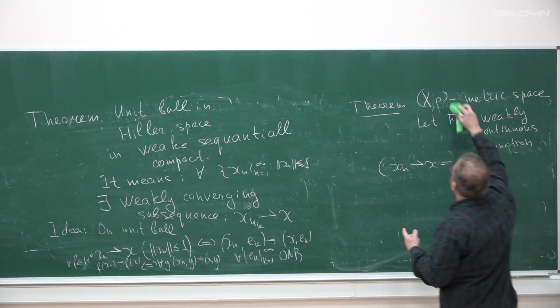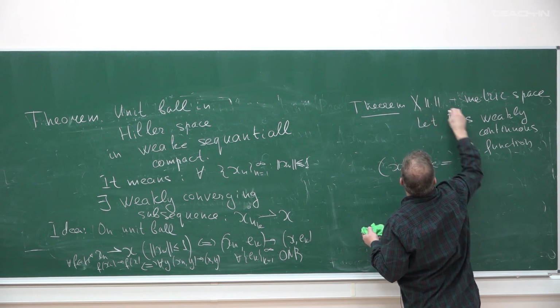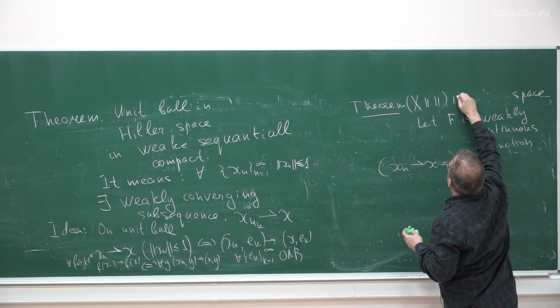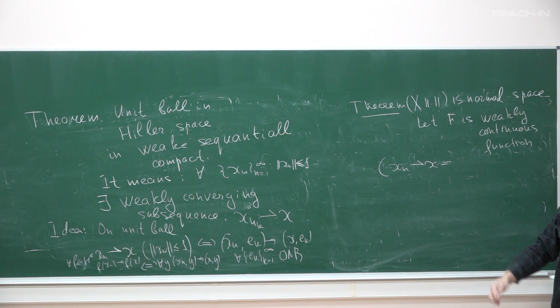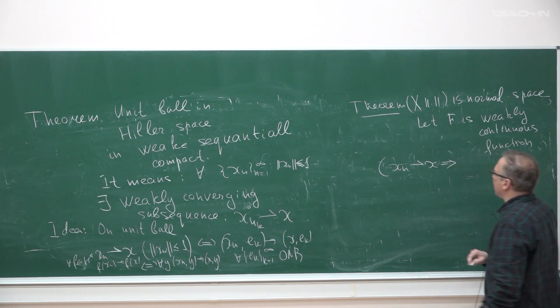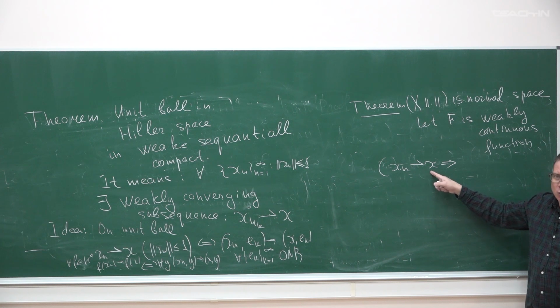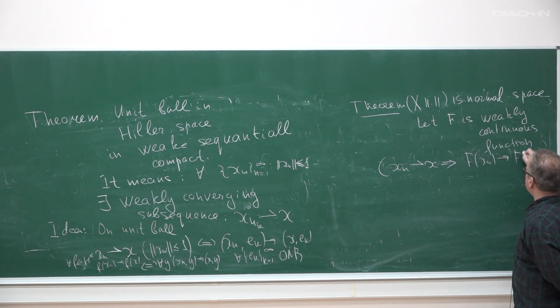So let's change it, it's not correct. X is a normed space. We define compact set in a metric space, but weak convergence we define only in normed space. So what does weakly continuous mean? If xn weakly converges to x, then F of xn goes to F of x.